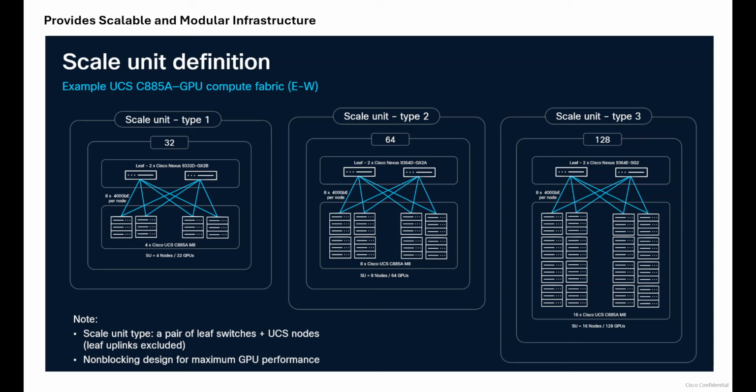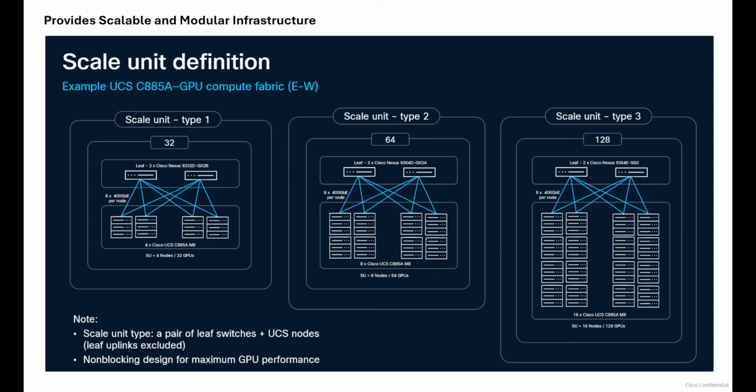Now, if you look at type 2 in the middle, you'll see that to get to 64 GPUs, okay, so here's 32 GPUs, here's 64 GPUs. In order to get to the 64 GPUs, you need a slightly larger leaf switch that offers more ports. So here in type 1, we were using the 9332, which is a 32 port switch. And here we're using a 9364, which is a 64 port switch.